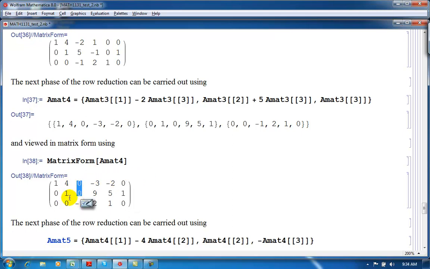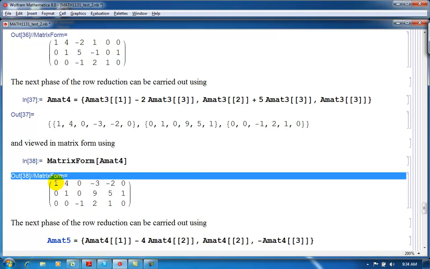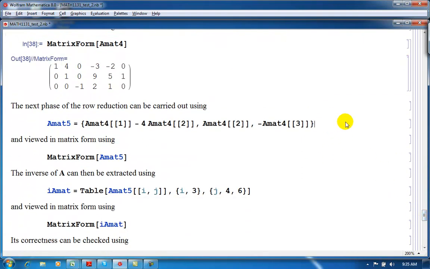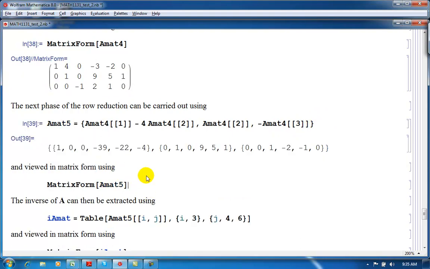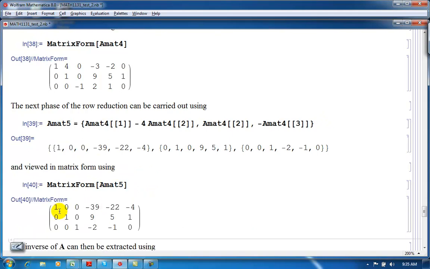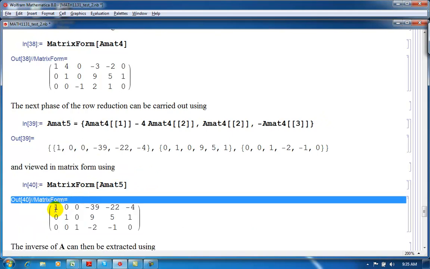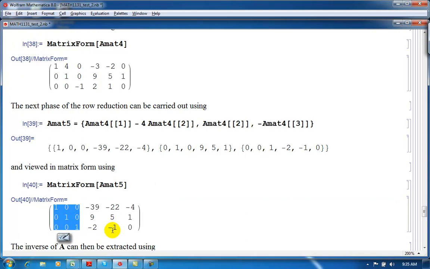And now the last phase is to subtract 4 times this row from the first row. It doesn't want to cooperate, and we can do that using this. Oh, we also want to multiply this row by -1, so we can do both of those at once. If we view this matrix here, we can see that we've indeed got the unit matrix here.